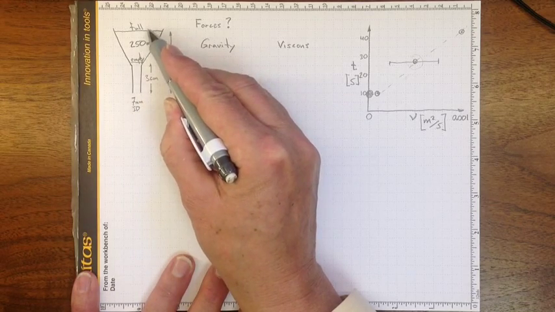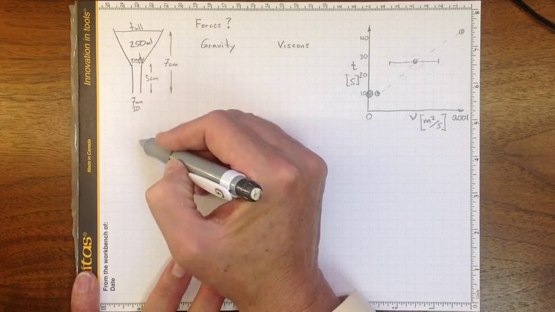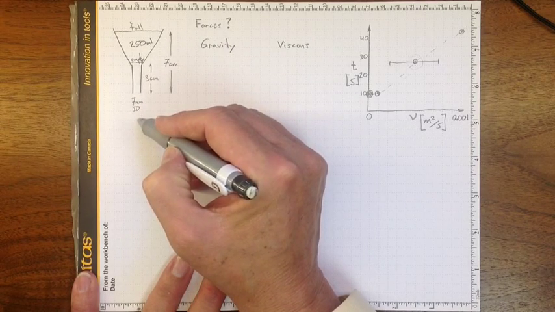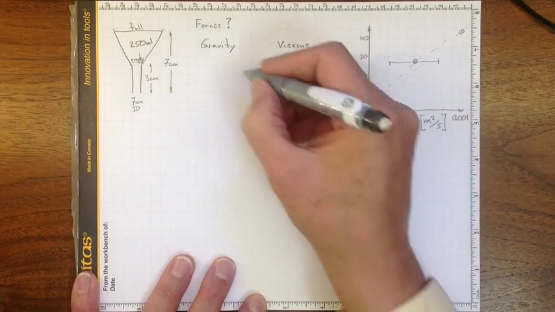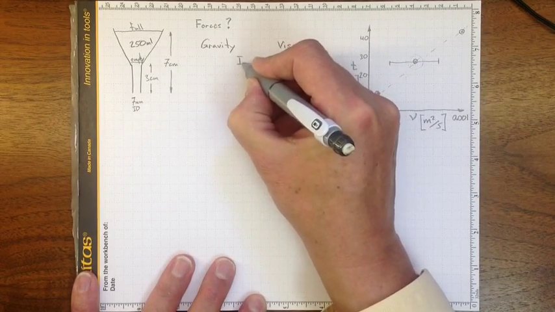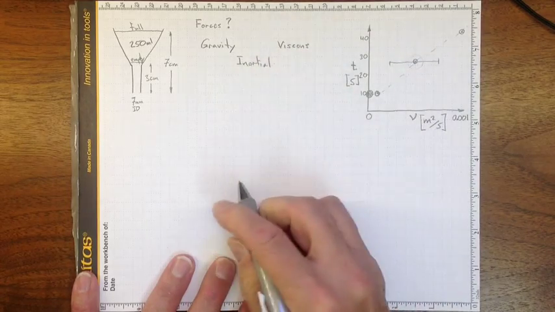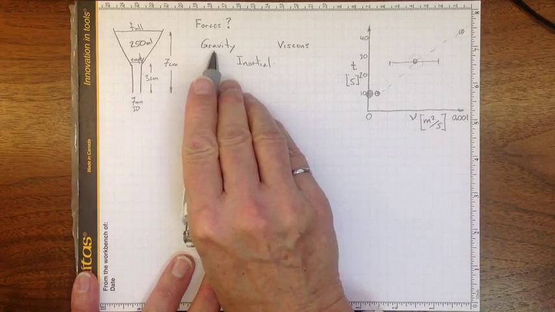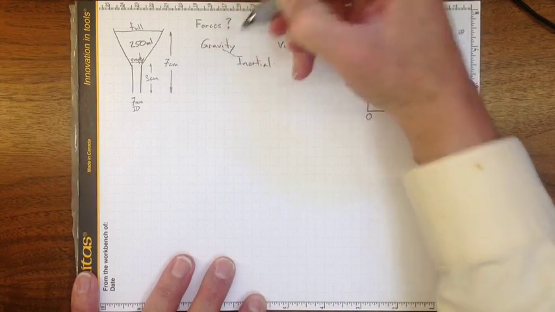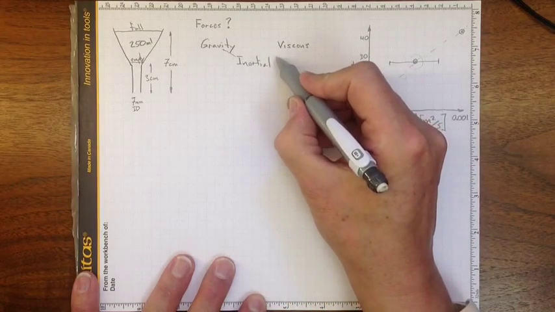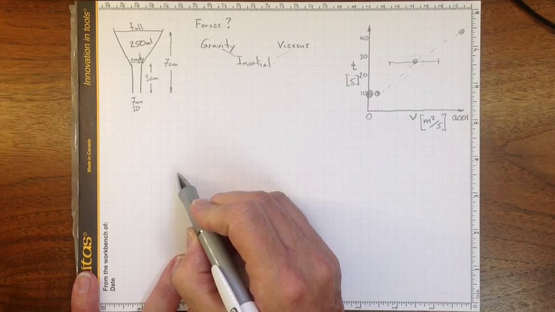Even if the fluid was very, very low viscosity, it would still take some time to flow out of the funnel. So the velocity may be important, so inertial forces are going to be important. Now we have a dimensionless group that allows us to compare gravity forces with inertial forces. We have another dimensionless group that allows us to compare viscous forces with inertial forces.